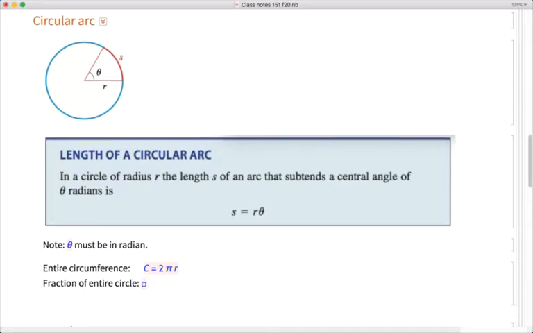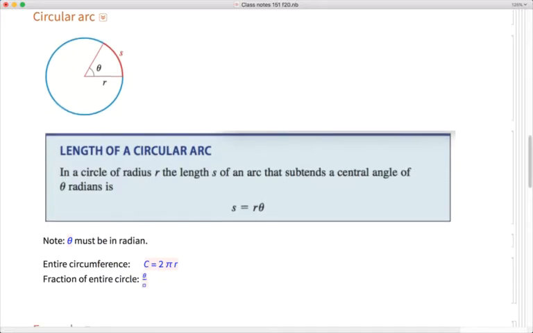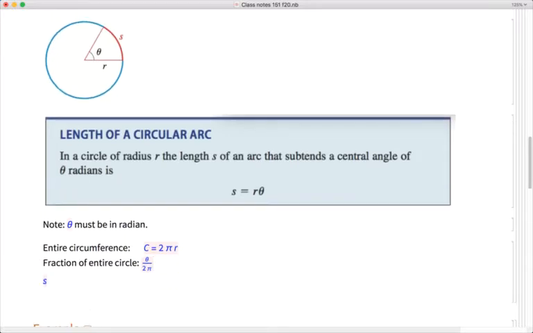Because we're in radian measure, the fraction of the circle is theta divided by 2 pi. 2 pi is all the way around. We're only going theta around. That's the fraction of the entire circle. So S is the fraction of the circumference.